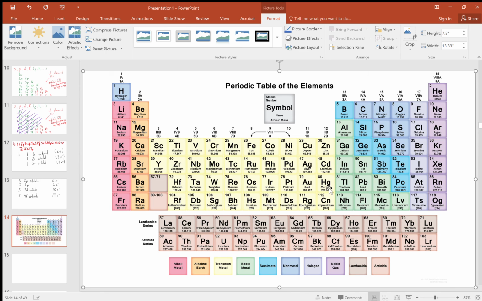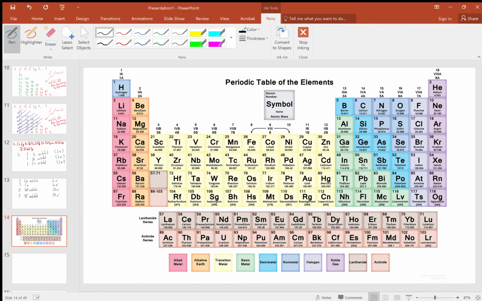Is there anywhere on this periodic table where it sort of jumps out to you that that could matter? So hopefully you've noticed that in different spots on the periodic table, we seem to have different numbers of elements that are grouped.